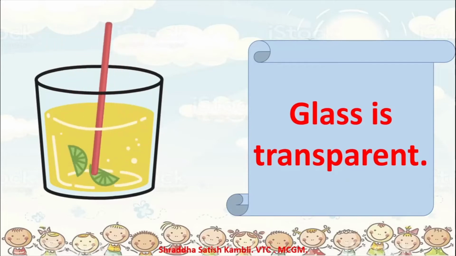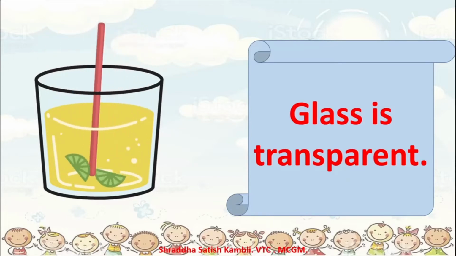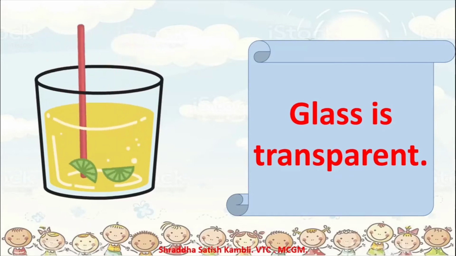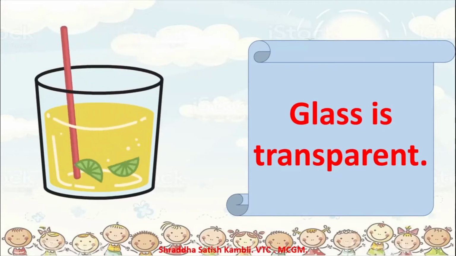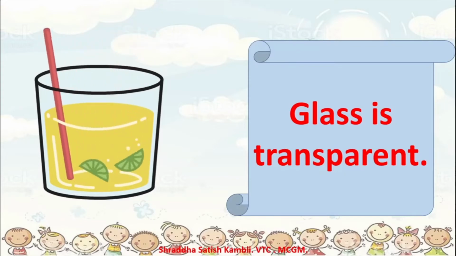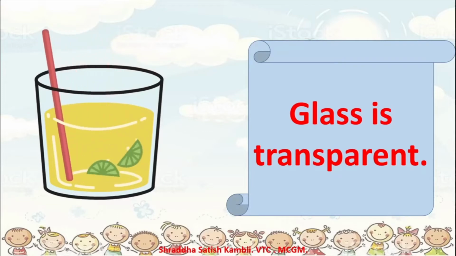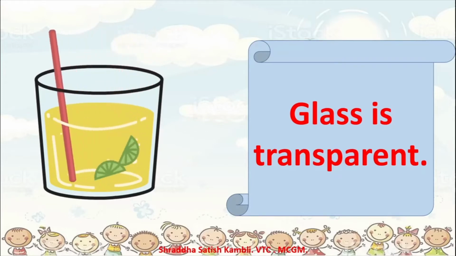Because this particular tumbler is made up of glass. Now imagine if it was made up of steel. Will you be able to see it like this? You will have to look from the top, isn't it, to see that the lemon is moving inside it.